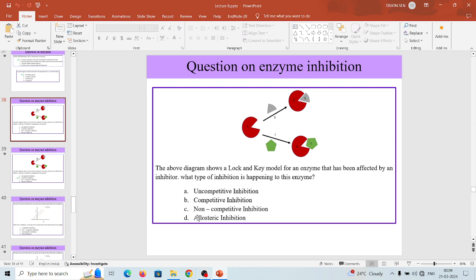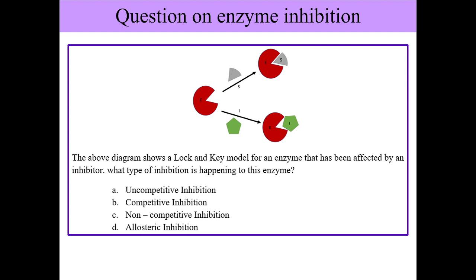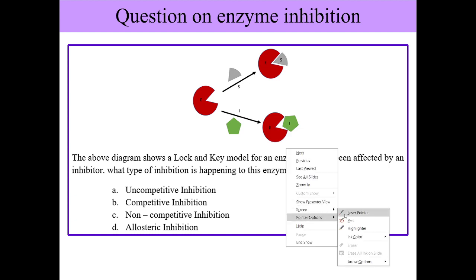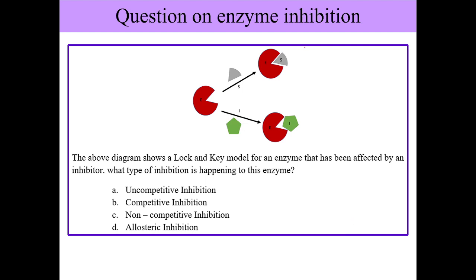Okay, so let us return and resume with the questions. This is a question on enzyme inhibition, and you can see that in this case the substrate is binding to the enzyme and your inhibitor is also binding to the enzyme, and it is binding to the active site of the enzyme.